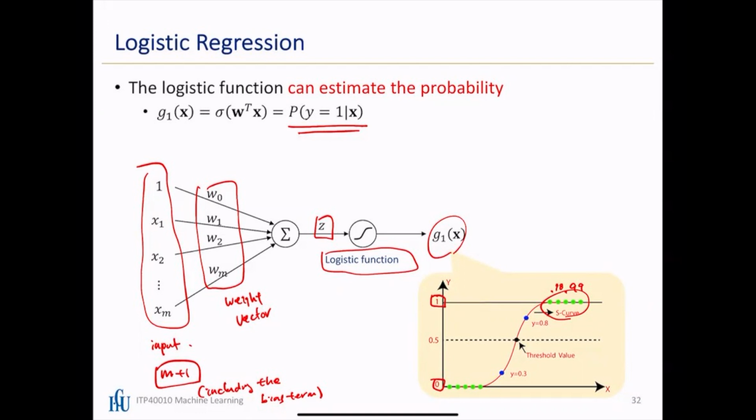Sometimes you're going to get the outcome probability 0.01 or 0.02, and then you can say the outcome label is 0. This is just a heuristic, but oftentimes you can make a decision based on probability 0.5. If the probability is larger than 0.5, it's going to be class 1. If the probability is smaller than 0.5, it's going to be class 0.